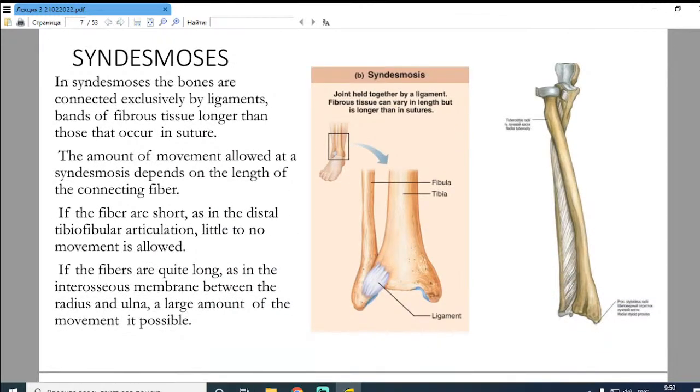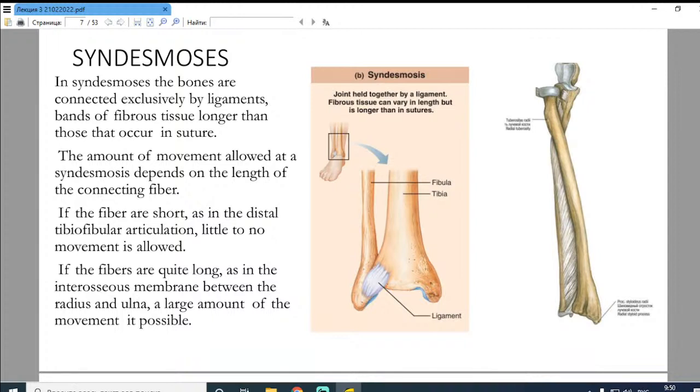Syndesmosis. In syndesmosis, the bones are connected exclusively by ligaments, bands of fibrous tissue longer than those that occur in sutures. The amount of movement allowed at a syndesmosis depends on the length of the connecting fibers.